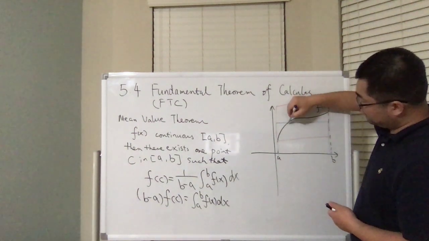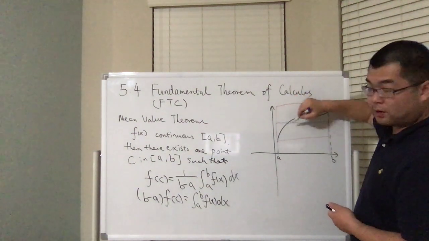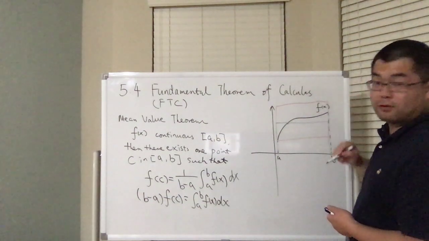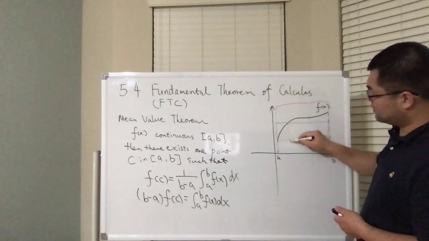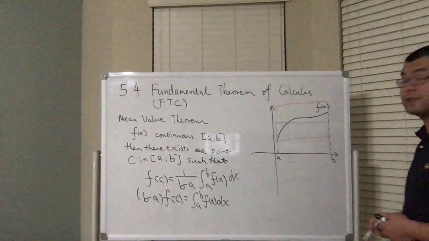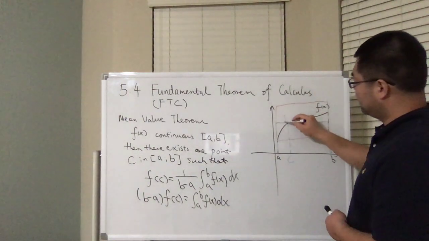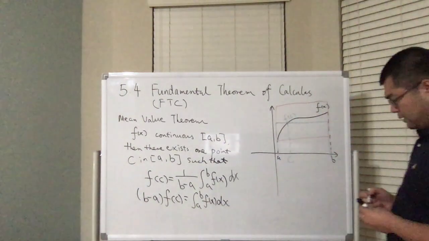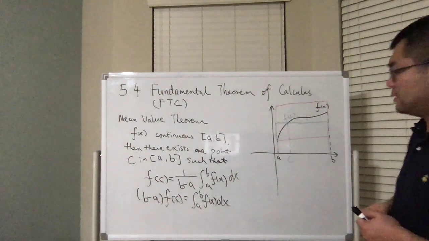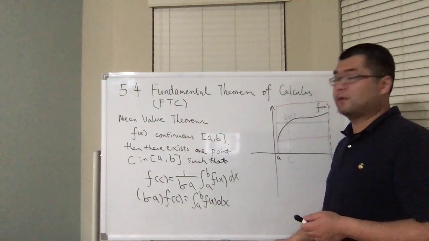As you can see, when you pick the height, you are always going to have an intersection with the function, right? So this is what we call the c here, and correspondingly f of c. So this is one way to interpret the mean value theorem.